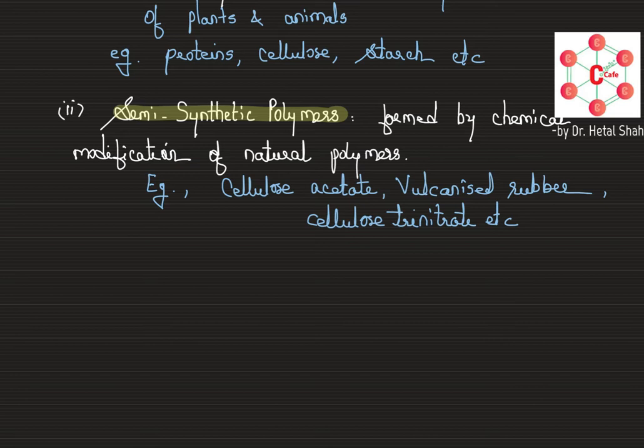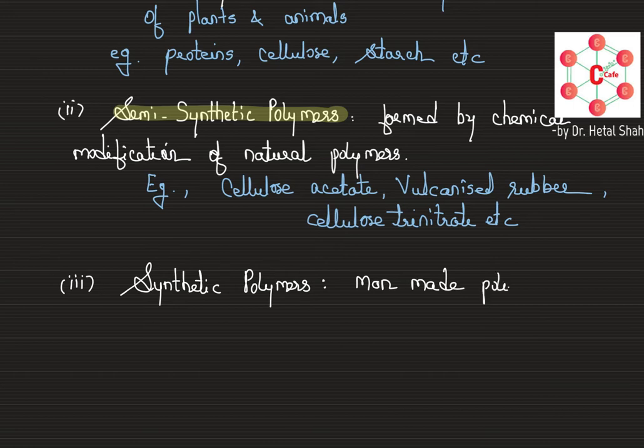Now, the third is the synthetic polymers. In synthetic polymers, we say they are man-made polymers. These are man-made polymers, and you find some of the examples.